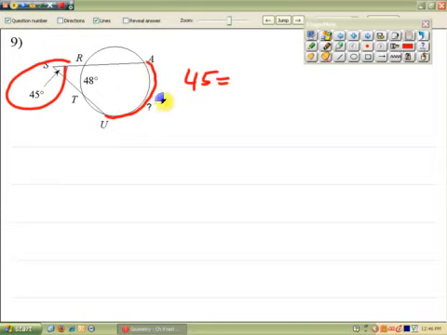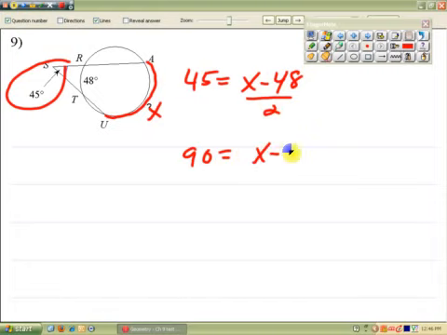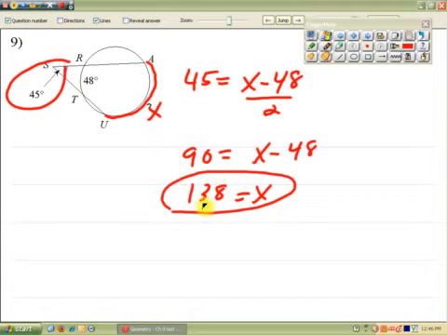There's the big arc, which is x, and the little arc is 48, so it's x minus 48 over 2. Multiply by 2 on both sides, you're going to get 90 equals x minus 48, and then you're going to add 48. So x is 138. I'm subtracting the arcs because the lines cross on the outside of the circle. That's where they meet.